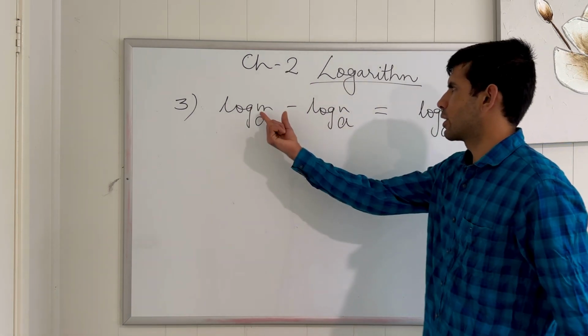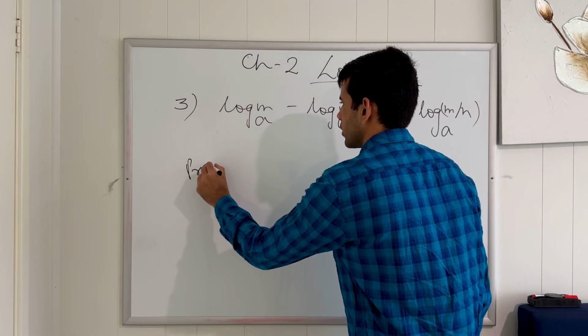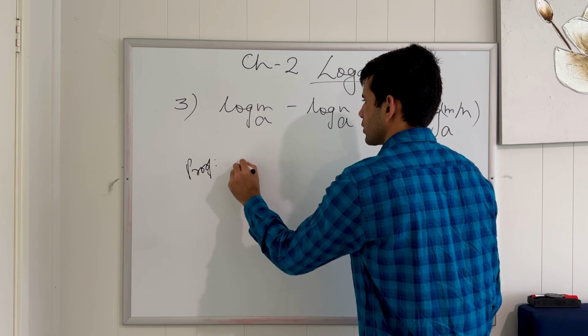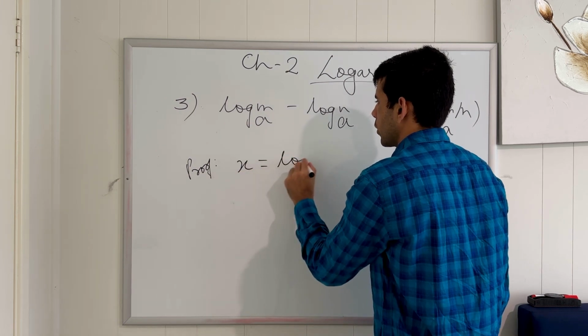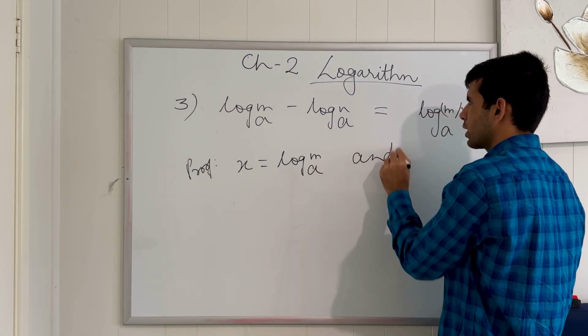So it gets divided, m divided by n. And again, if you want to prove it, the first term should be x, log m base a, and the second term should be y.